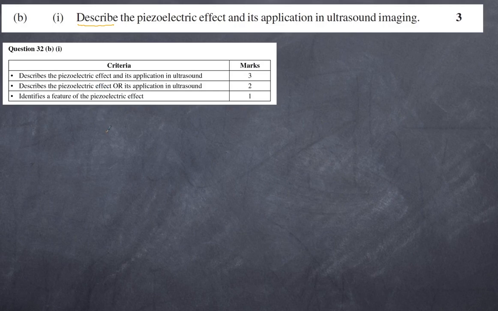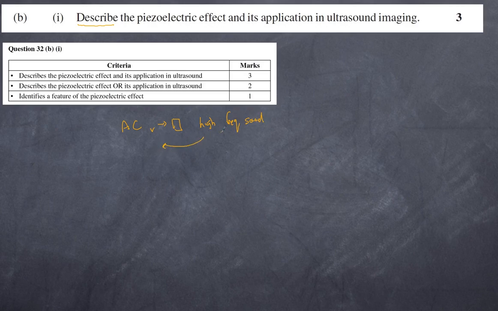And so when we talk about a description of the piezoelectric effect, ultimately what we're saying is, let's apply an alternating voltage to the crystal, and that will produce high frequency sound. Now there's a bit more of a description. Of course, the reverse is true.